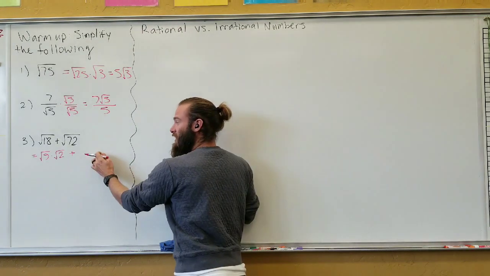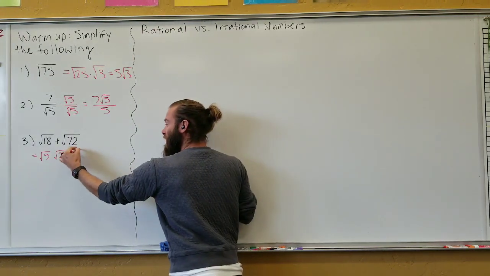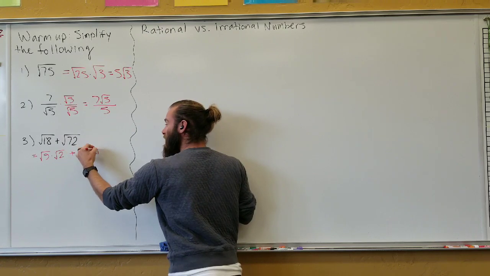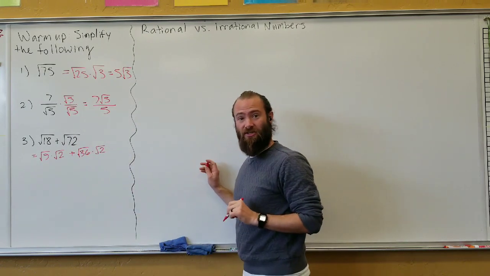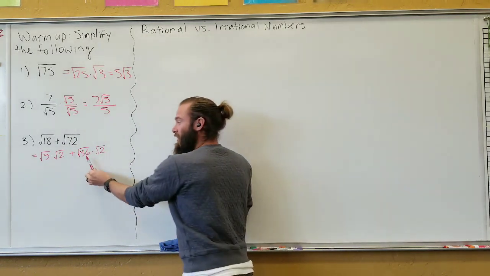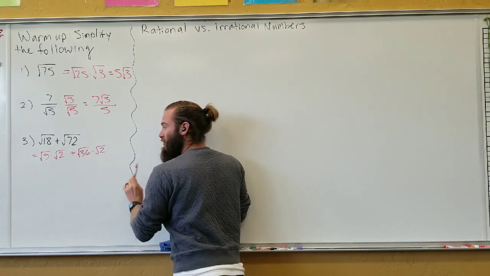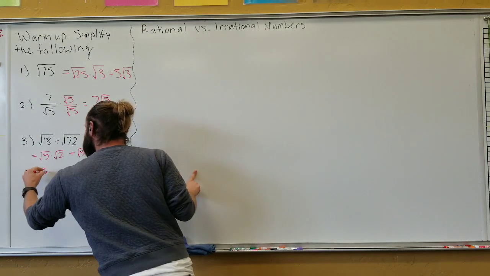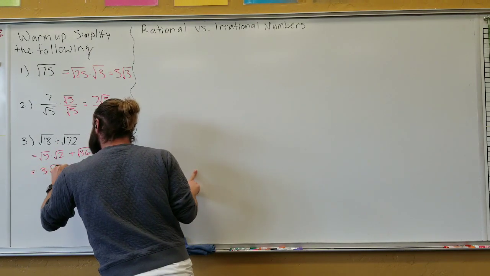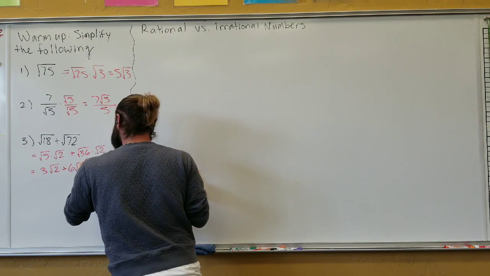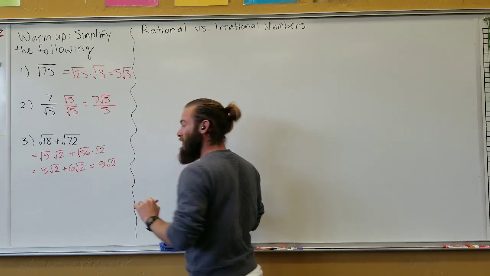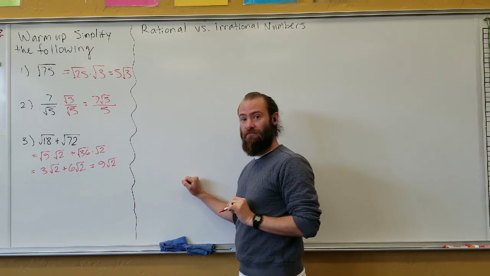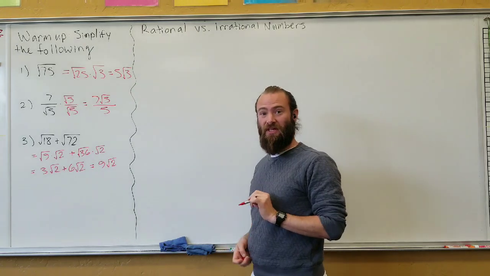I see that 36 times 2 is actually going to be a better choice. And they both have a root 2, so that'll end up being able to combine together. So this gives me 3 root 2 plus 6 root 2, and in total that's going to give me 9 root 2. Now let's move on to the regular part of the lesson.